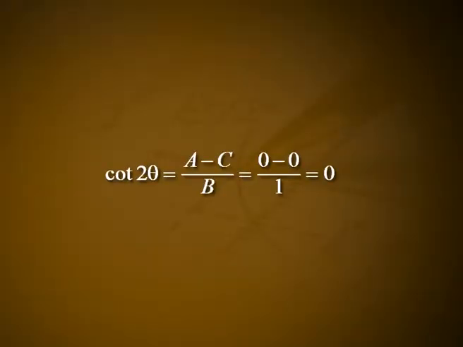Thus, the desired angle of rotation must satisfy cot 2 theta is equal to (a minus c) by b, which is equal to (0 minus 0) by 1, which is equal to 0. This condition can be met by taking 2 theta is equal to pi by 2 or theta is equal to pi by 4, which is equal to 45 degrees.